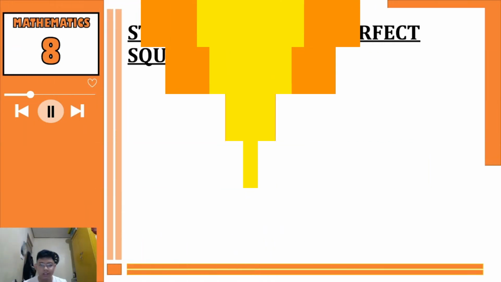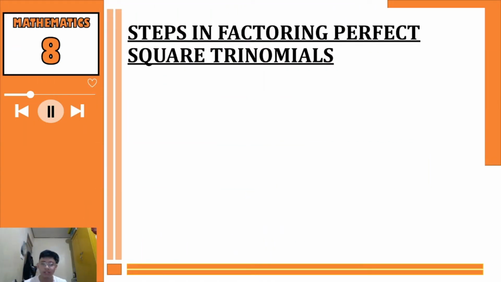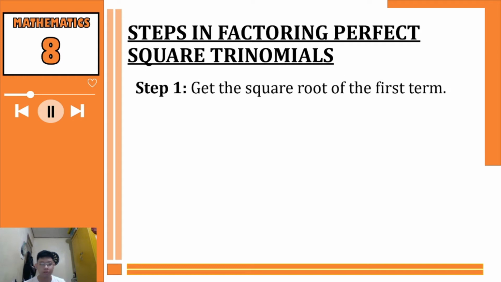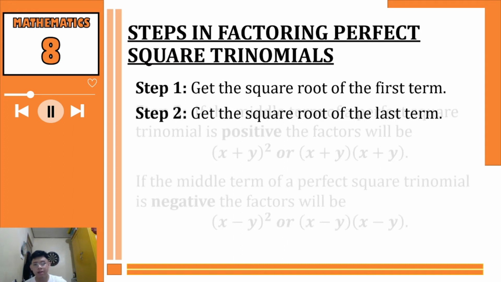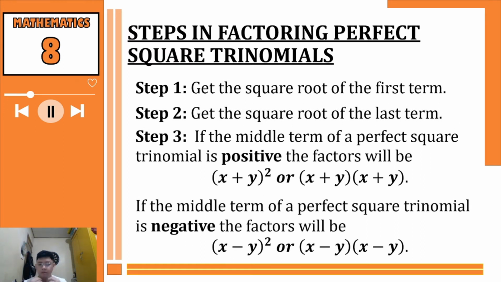So here are the steps in factoring perfect square trinomials. The first step is to get the square root of the first term. The second step is to get the square root of the last term. For the third step, if the middle term of a perfect square trinomial is positive, then the factor will be the square of x plus y, or we can say the quantity of x plus y times the quantity of x plus y.